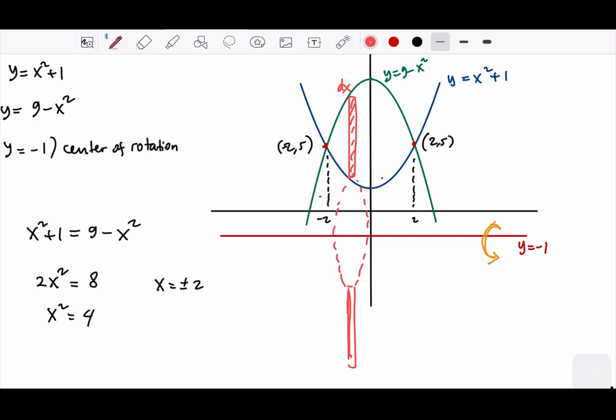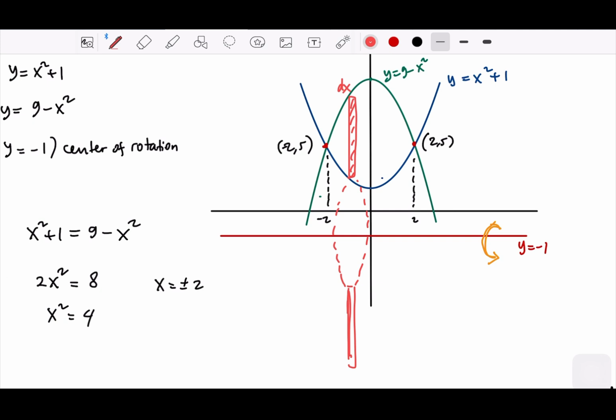But of course, the radius will be slightly changed because of this line. So you can see that the inner one will be here, and the outer one is up to there. So you need to have additional distance. Okay, additional distance.